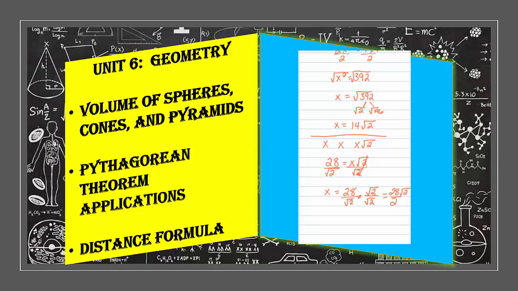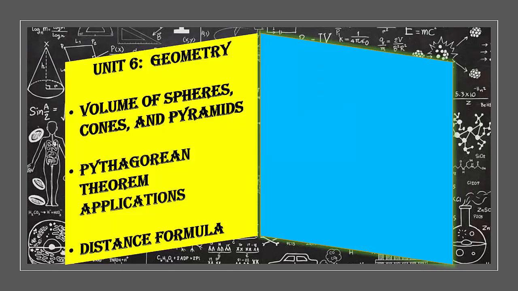We should see real quickly, 28 is divisible by 2, so x is equal to 14 root 2. Either way we solve this problem, we end up with the exact same solution.